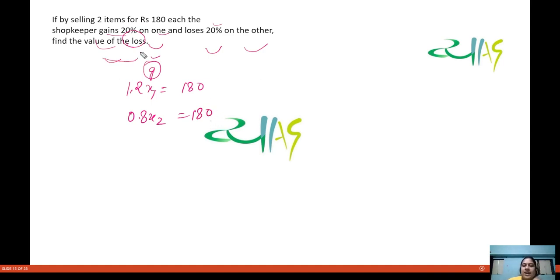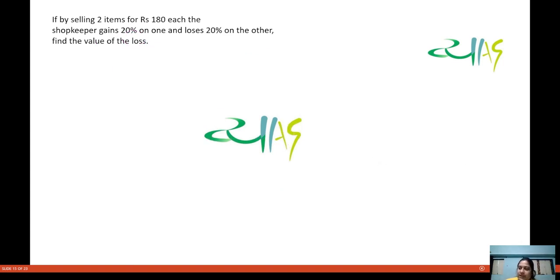Okay, and find the value of loss. So whatever you get, x2 minus 180 minus (180 minus x1), that will be your loss. So I think now this is clear to everyone.